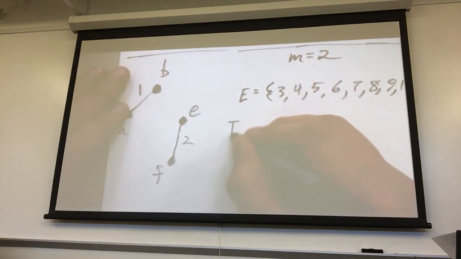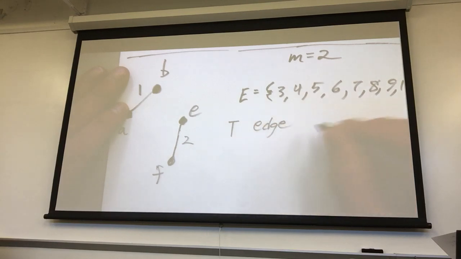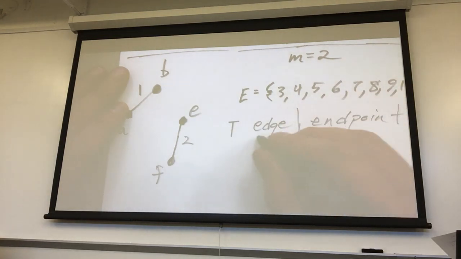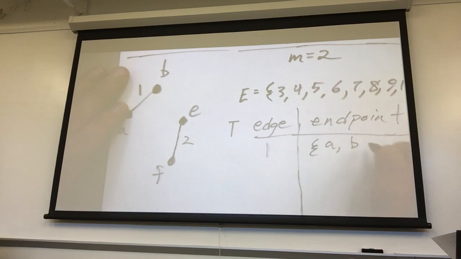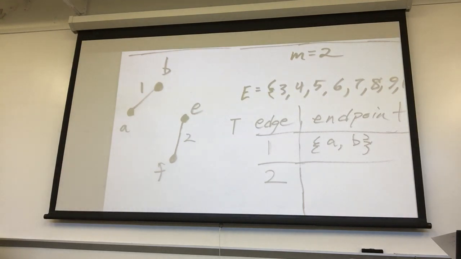So that would mean that for T, we have edge and endpoint function. So 1 would be connected to A and B, and 2 would be connected to E and F.